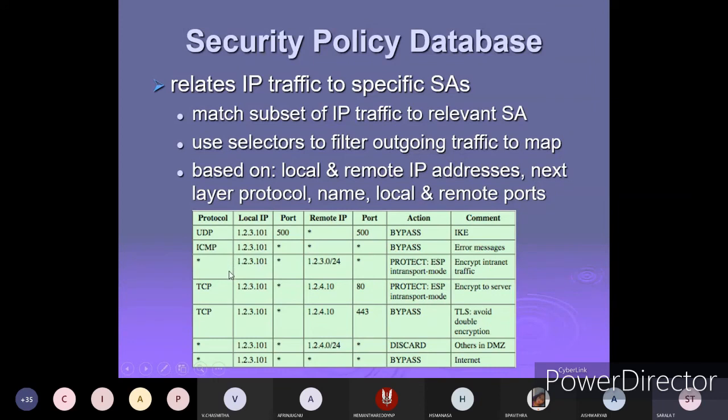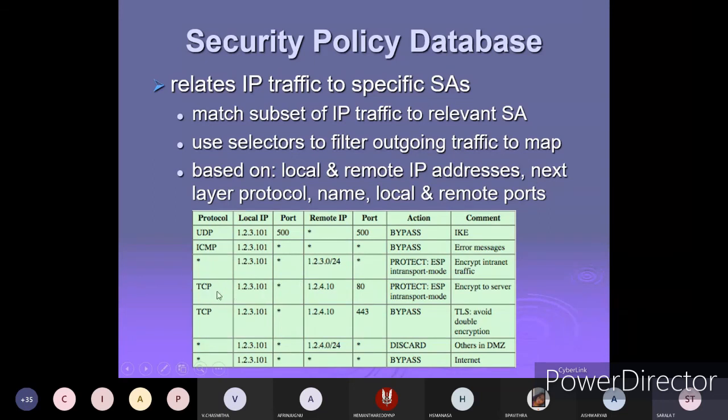This is an industrial IP address, where you are connecting and transmitting the information to the remote IP. It means we are using ESP in transport mode and encrypting the intranet traffic. Whatever data we transmit from here to the remote IP address, you have to encrypt before transmitting it.